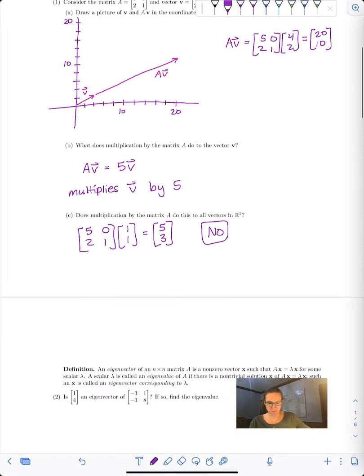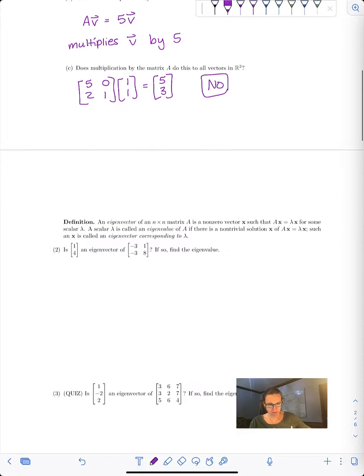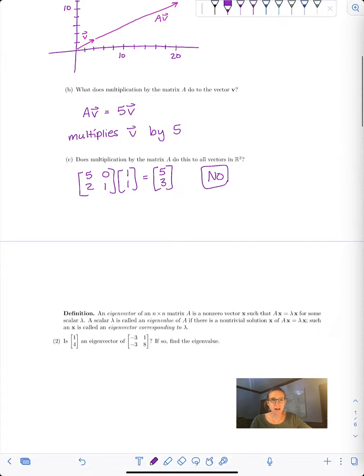And that's kind of the idea behind eigenvalues and eigenvectors. So an eigenvector is a special vector such that when you multiply it by a matrix A, you get just a multiple, which we'll often use lambda to refer to. And that multiple, by the way, is called an eigenvalue.